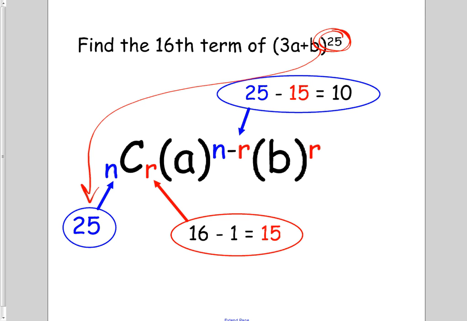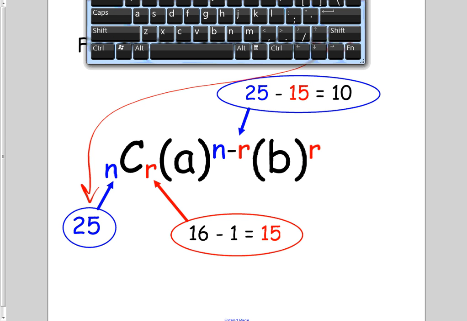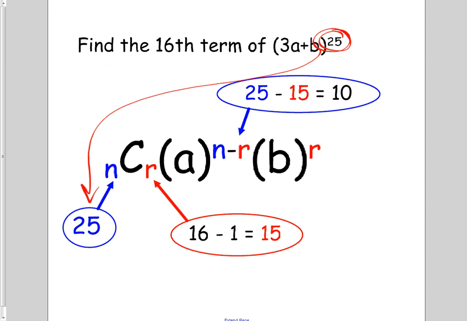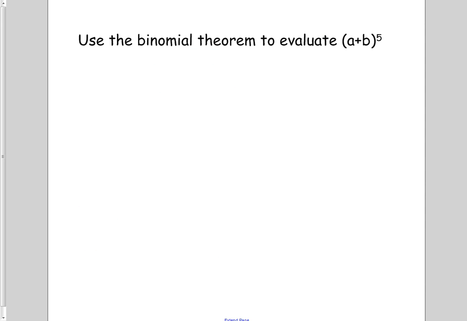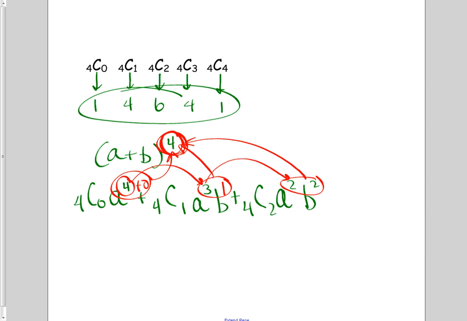Another observation, if I go back and look at this expansion: for my first term I used a 0, for the second term I used a 1, and for the third term I used a 2. So I'm always using 1 less than whatever the term is.